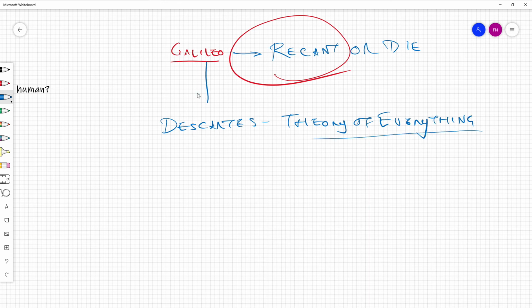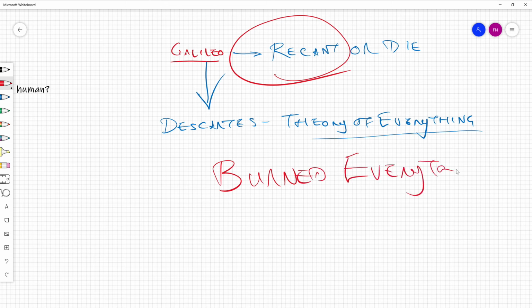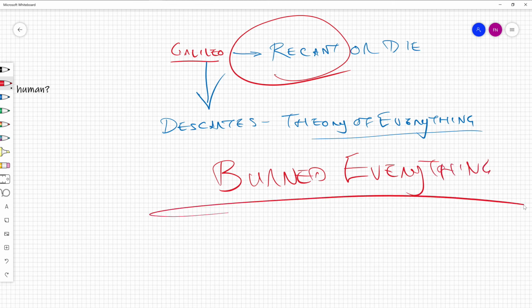When word got to Descartes that Galileo had recanted, when Descartes began to think that he would summon the same faith or suffer the same fate, he burned everything. Burned it all. While elements of his theory of everything would be published later in his life, they were published without, in any shape or form, challenging established church dogma.